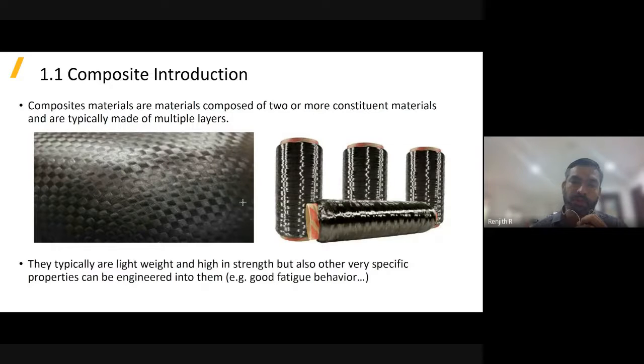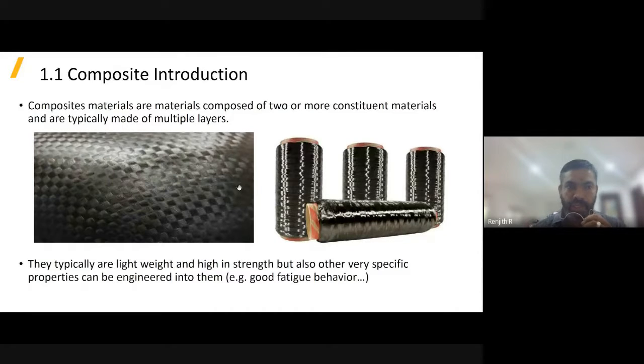We can use biological or naturally occurring reinforcements like bamboo or kaya fiber, or we can go directly for synthetic types, for example carbon fiber or glass fiber. So it's the best alternative to conventional material, because we can engineer this material to our requirement. That is the beauty of it.